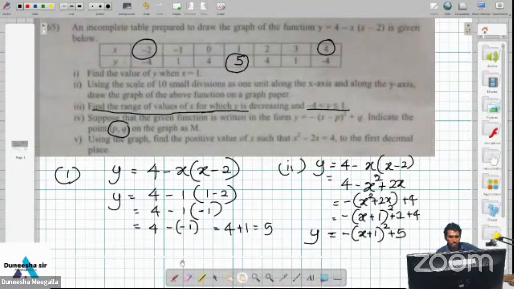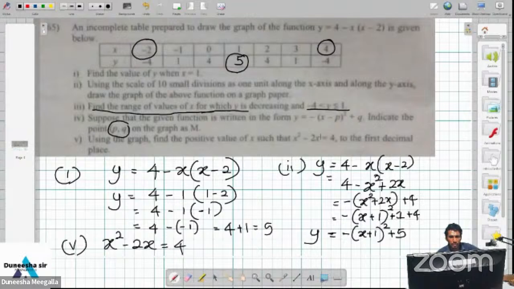Okay. Final answer. What is the final question? X square minus 2x equal 4, to the first decimal place.